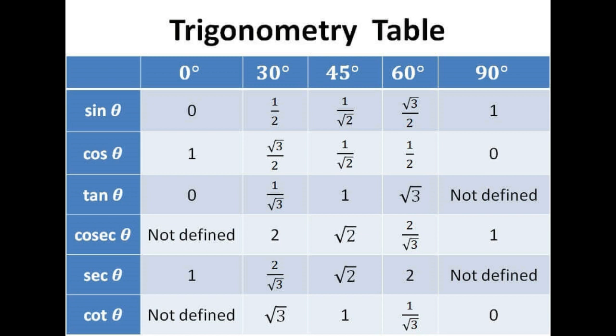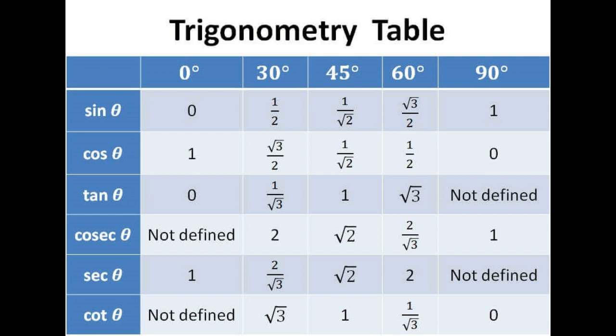As you can imagine, we have 1 in the middle, to the left of the 1 we have 1 upon root 3, and to the right of the 1 we have root 3. Obviously not defined, because this is tan, not sine and cos.